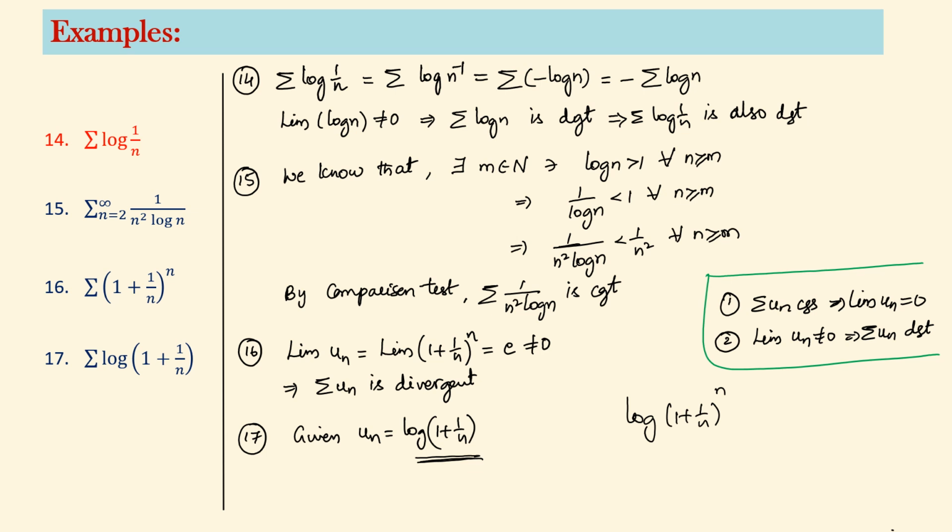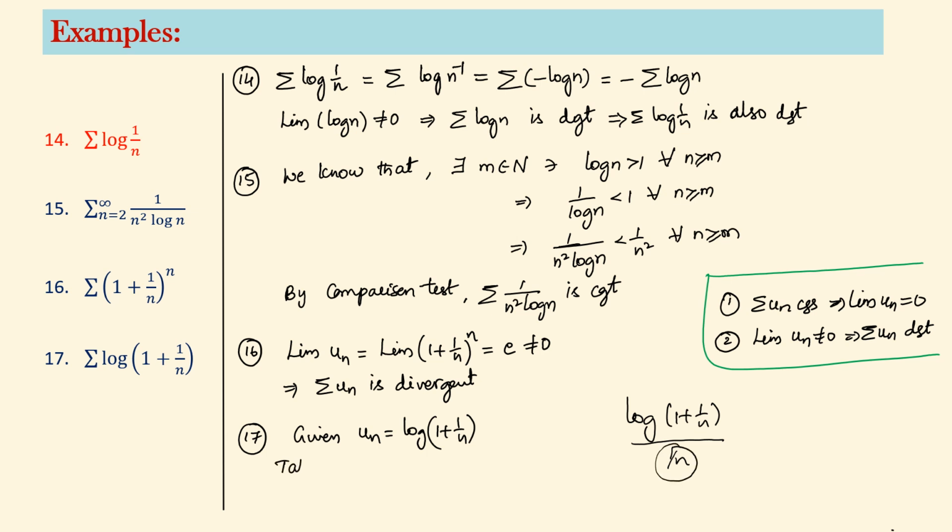How can we get that? If n is there, it will come before log. So it will become n times log. So try to get n here. How can we get that n? By taking Vn as 1 by n.